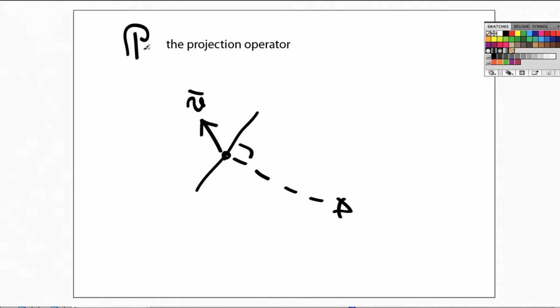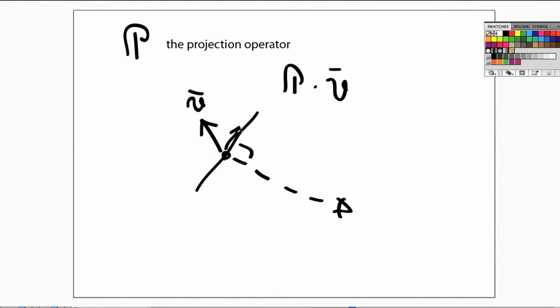So what the projection operator does now is that it operates on the three-dimensional vector v. Let's express it a little bit more rigorously here. It operates on vector v, and what it does is nothing else than extract the plane of sky component of this three-dimensional vector.